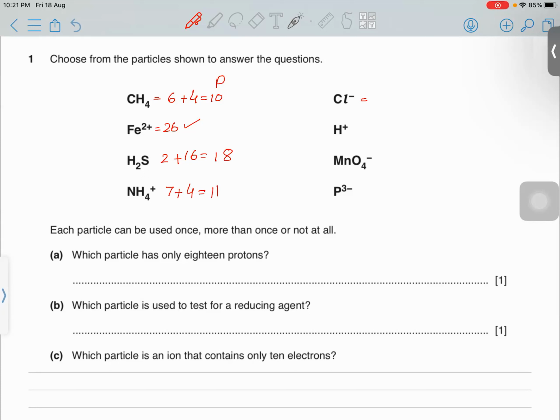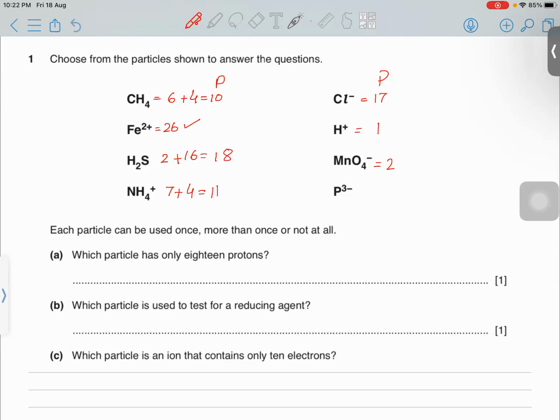Next, Cl minus will be 17, and H plus is 1. And what about MnO4? Can you tell me the proton number of manganese?